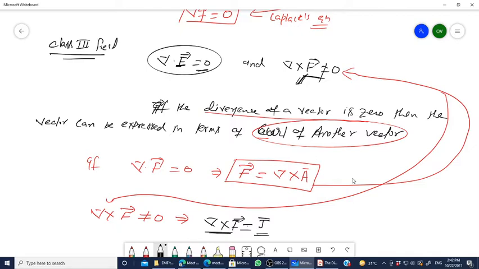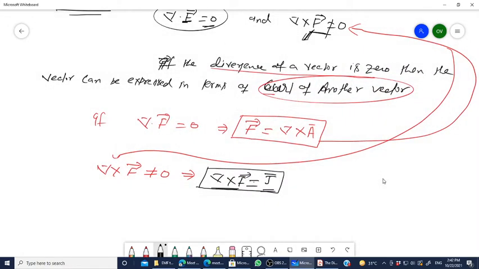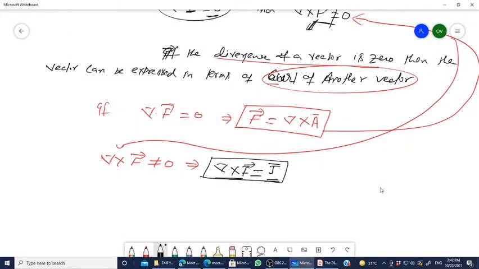So obviously it will provide a J vector quantity. Now this value can be put here, and the equation becomes: this F vector is representing the curl of another vector A. So the curl of another vector A is equal to J.